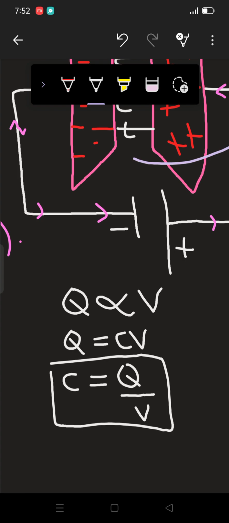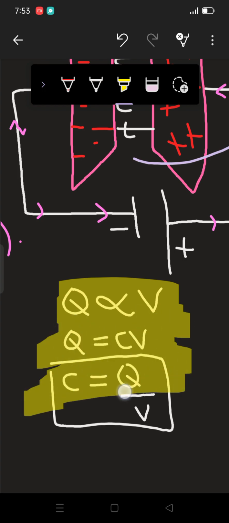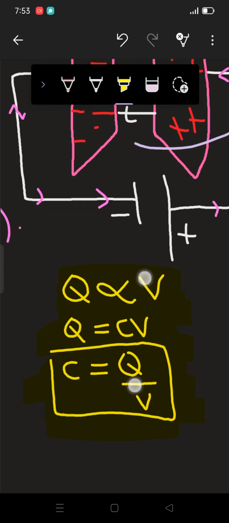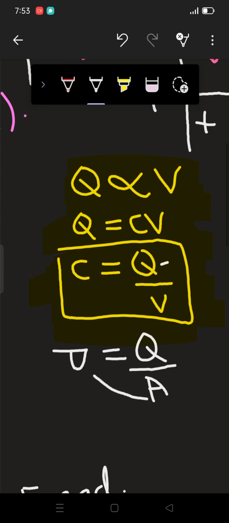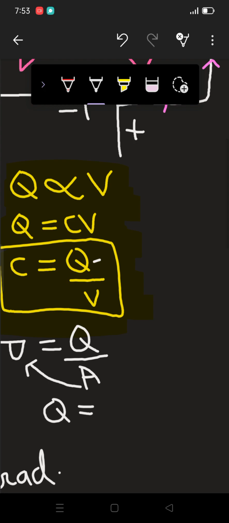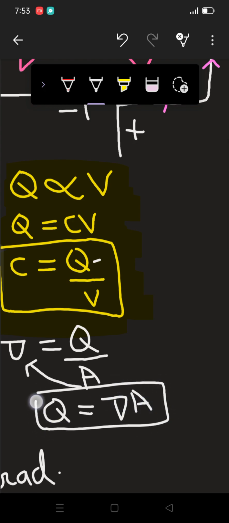Alright, now we need to substitute the equation of density here. We know that charge density is equal to charge per unit area, but here we have charge, so we need to derive this equation for the charge. So area is dividing here by the charge, when we take it across it will be multiplied. So charge is equal to sigma into area, right?